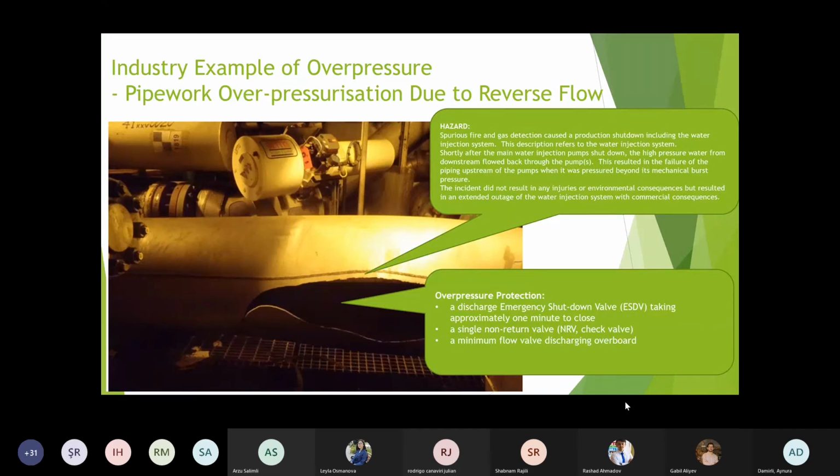Then the minimum flow valve, the third overpressure protection point in our case. Three of four pumps located on that line had a minimum flow valve.